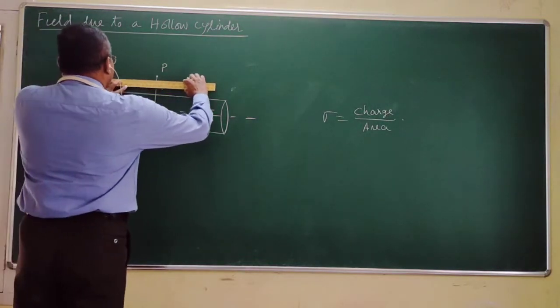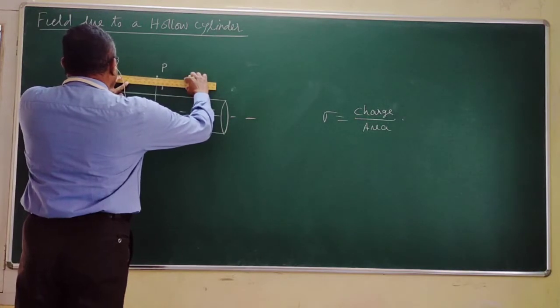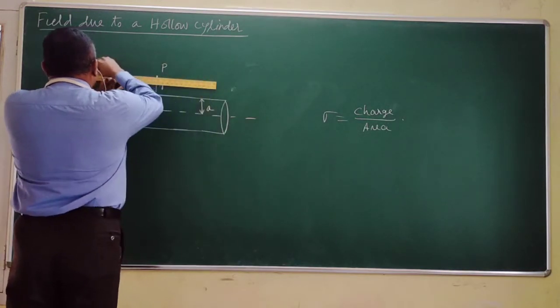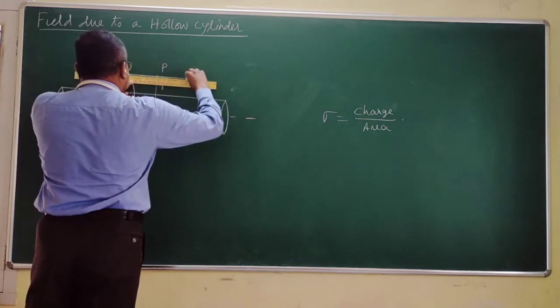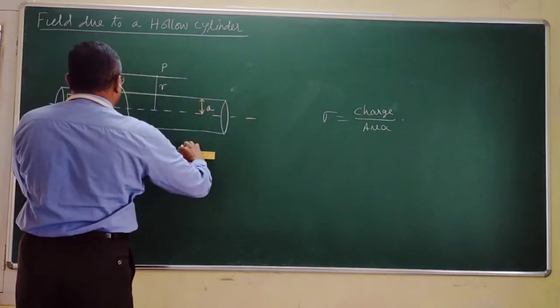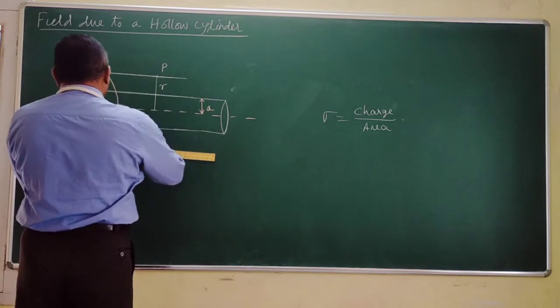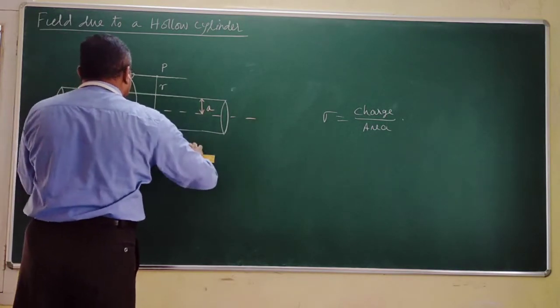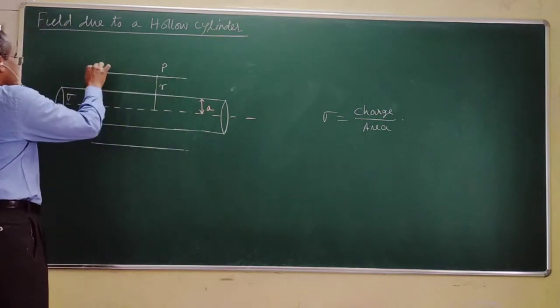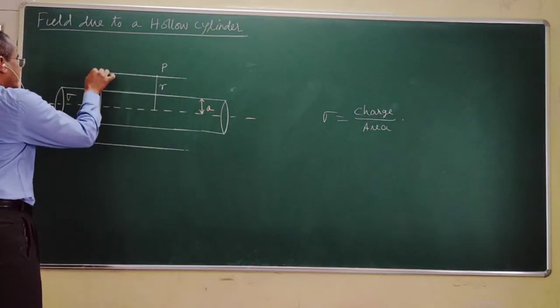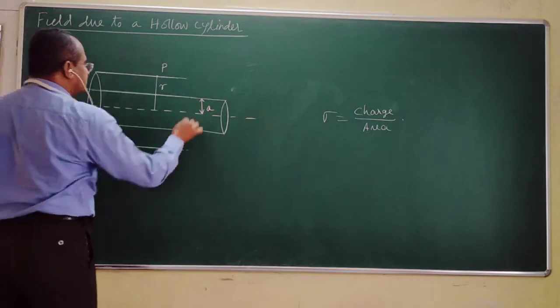Then immediately what I will do is I will draw a Gaussian surface, an imaginary cylinder, such that it passes through the point P where I want to find out electric field intensity.